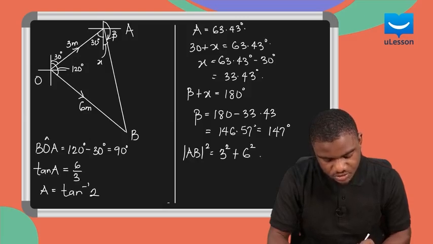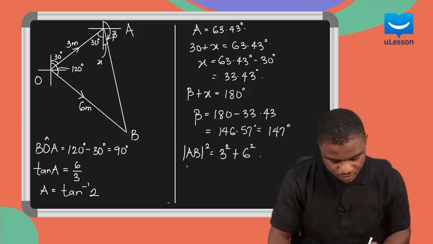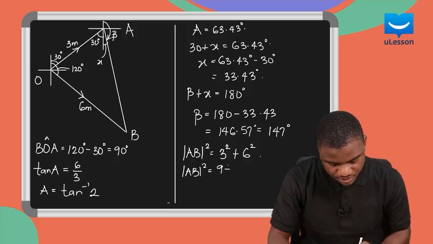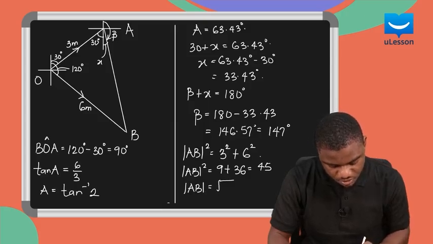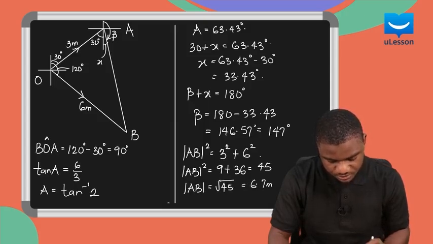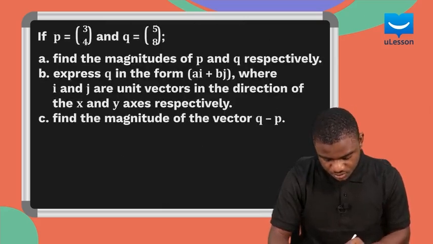Note that the unknown side AB is the hypotenuse of the right angle triangle, and therefore AB squared is equal to 9 plus 36, which is equal to 45, and AB is equal to the square root of 45, which is 6.7 meters. Now let's take a look at another question.